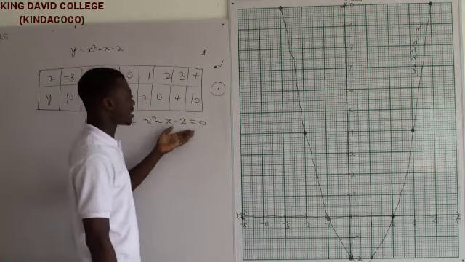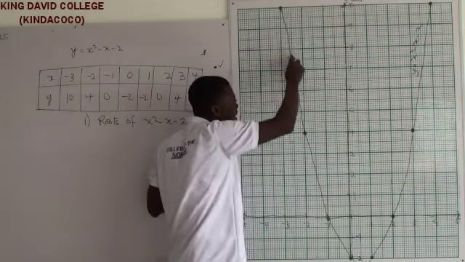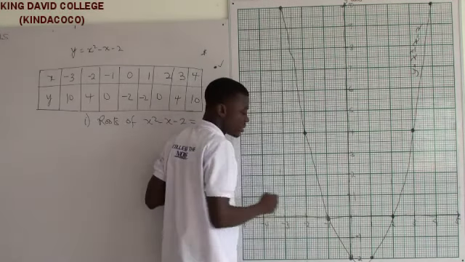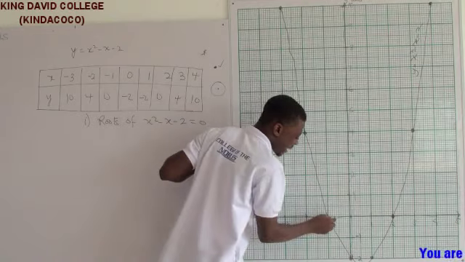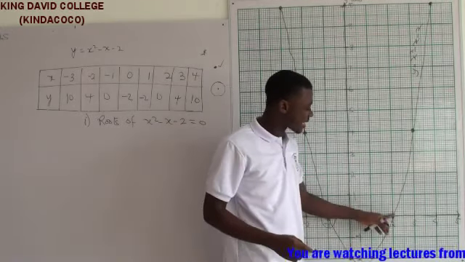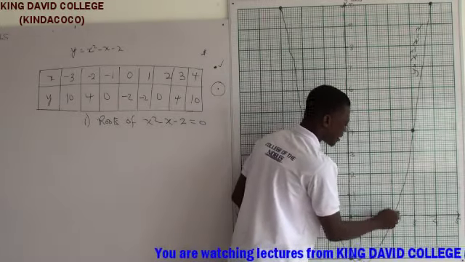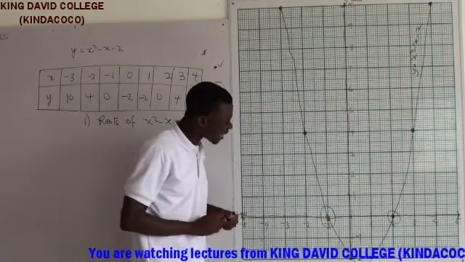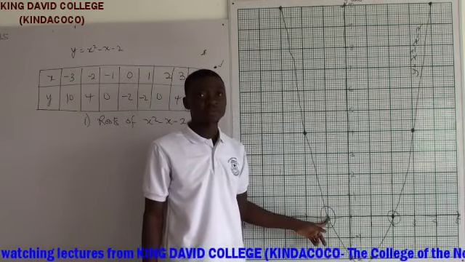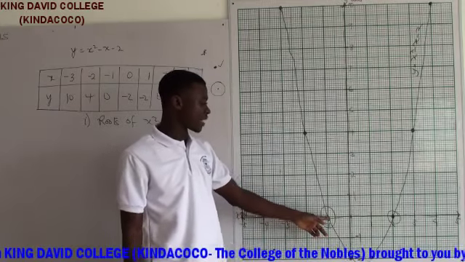When we are asked to determine the roots, we come to this curve: where does it cut the x-axis? It cuts it at this point here, and then this same graph cuts the x-axis here again. Then you read the x values at the points where it cuts.